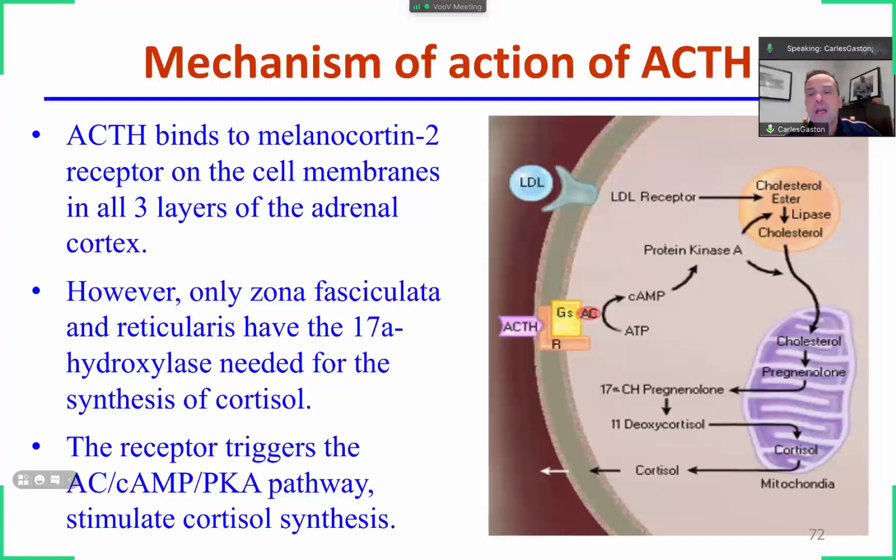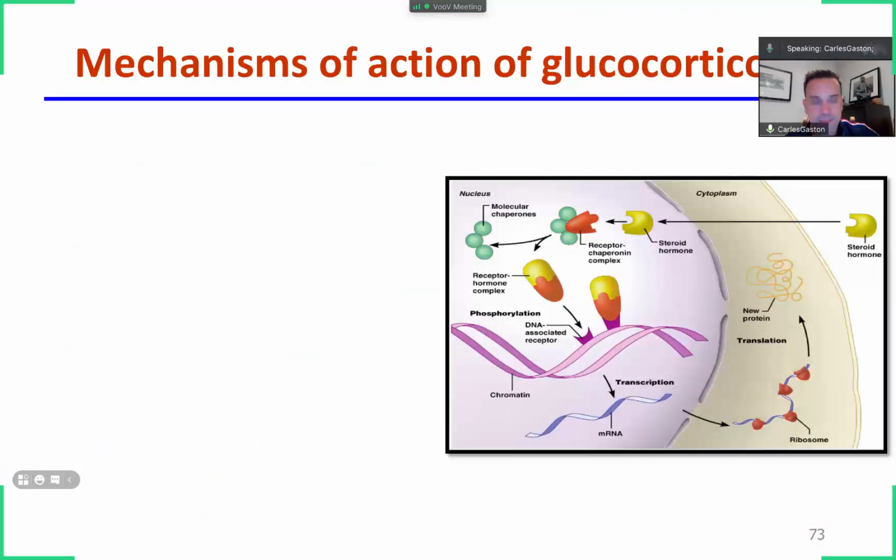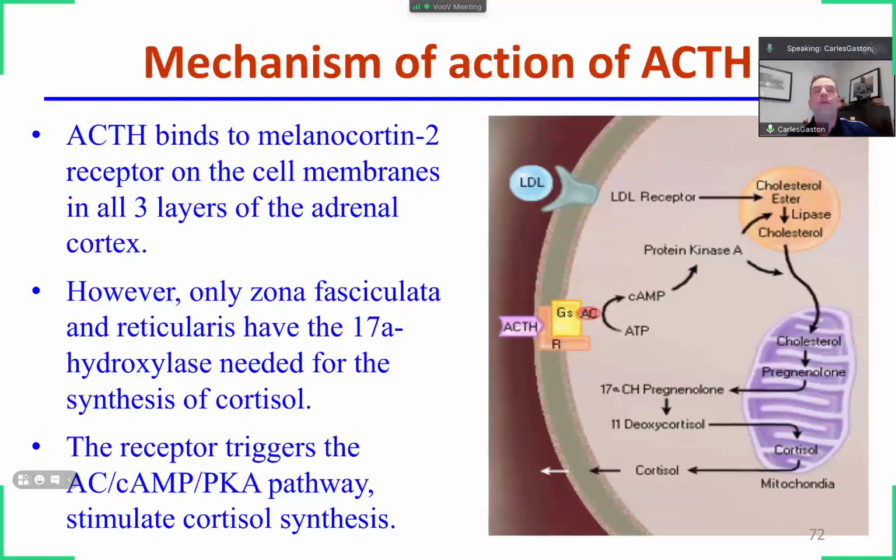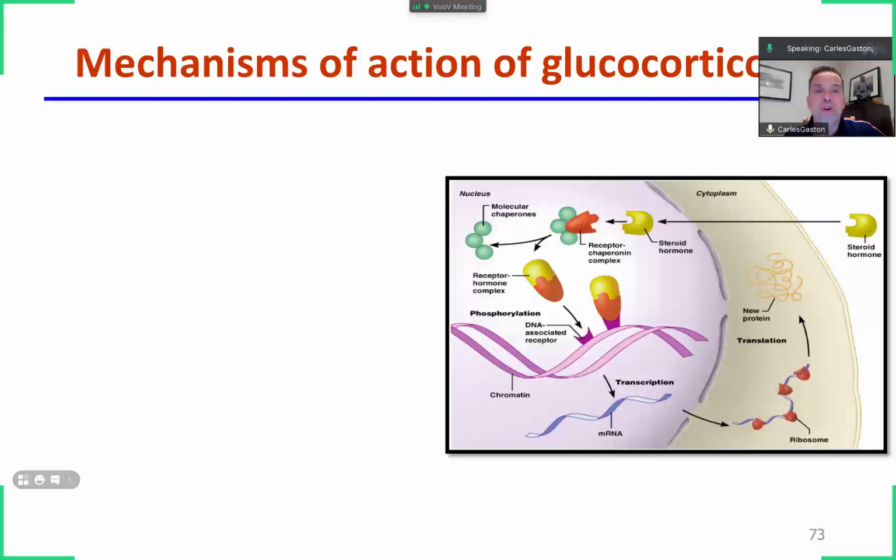I hope that this is clear. Then the receptor triggers cyclic AMP, activation of the PKA pathway, and stimulates cortisol synthesis. Now, the mode of action of the steroid hormones, or glucocorticoids, is slightly different from the ones that are membrane receptor bound.